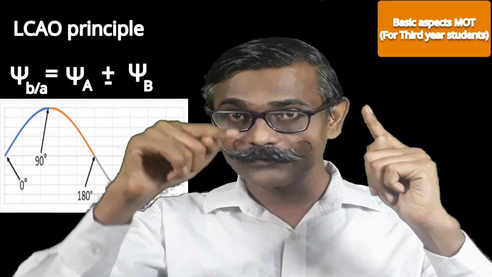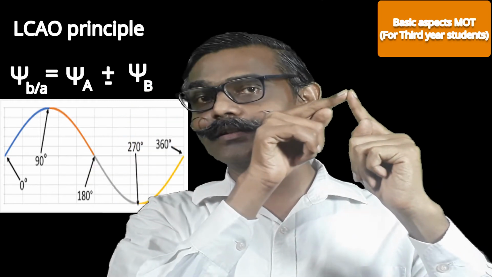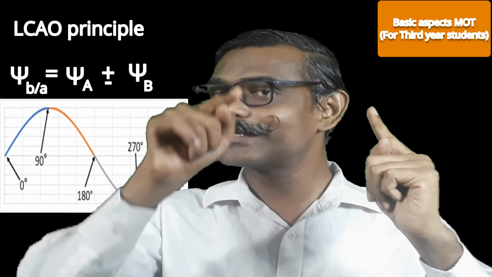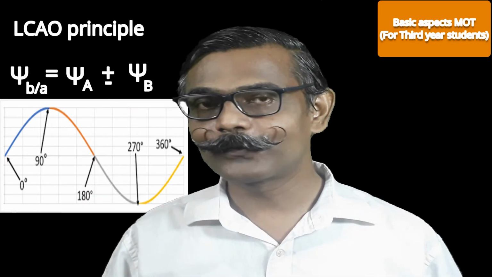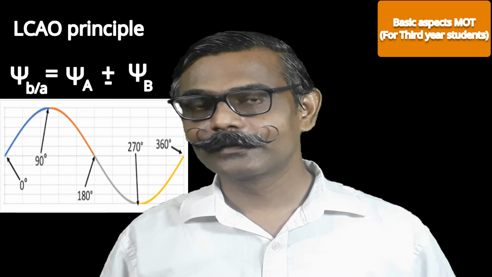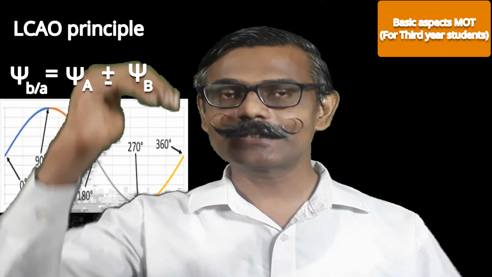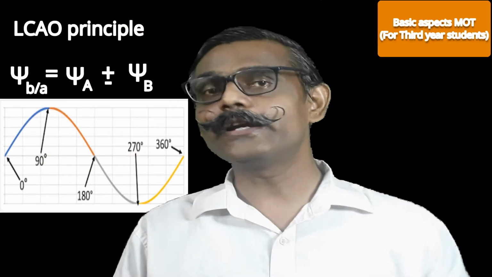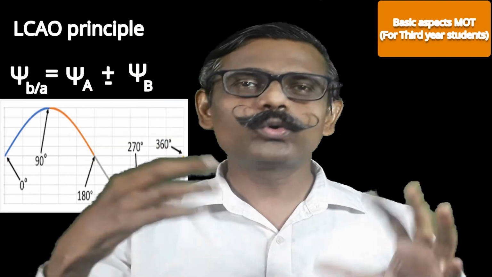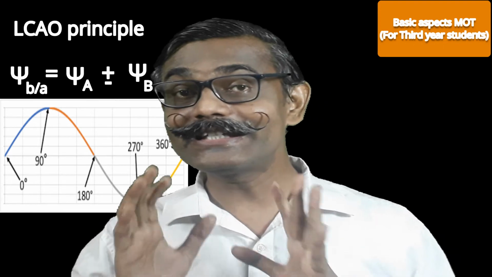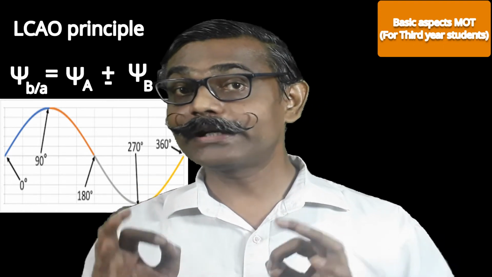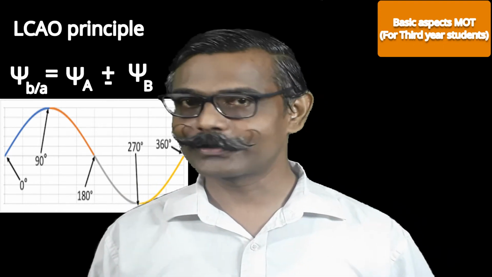Phase difference 180 degrees to 360 degrees is negative; the sine function is negative in the third and fourth quadrant. So this is a positive phase and this is the negative phase. Then how are two combinations possible? That I am saying. Here we consider the possibilities, the probability of the combination.